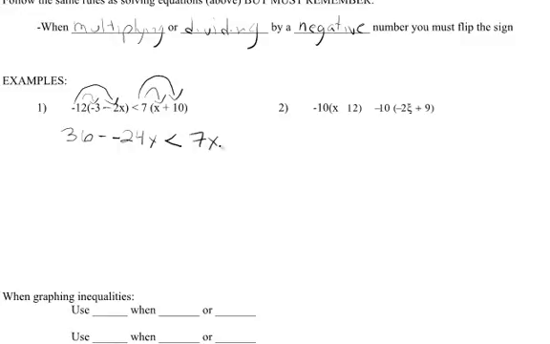Distribute this plus 70. Okay? Now remember, 2 minus signs in a row make a positive. So we've got 36 plus 24x is less than 7x plus 70.